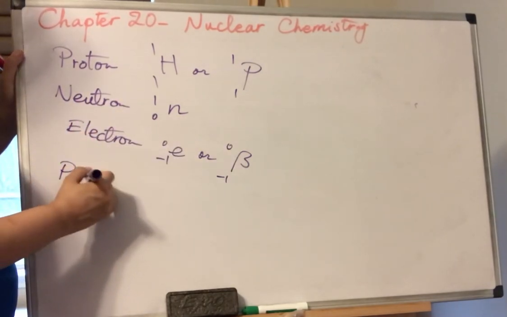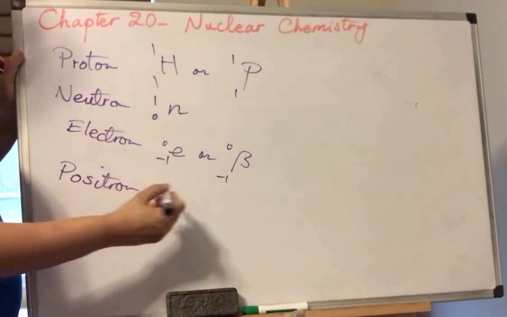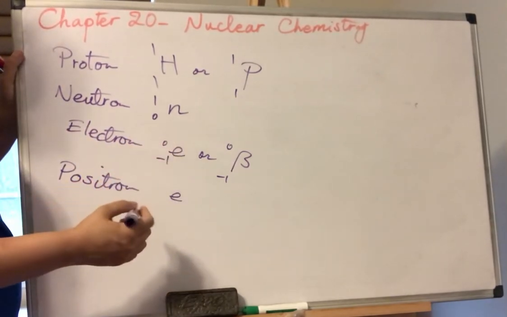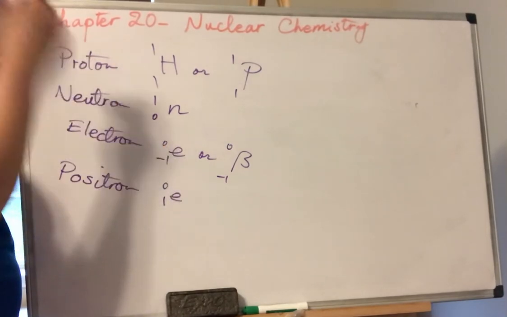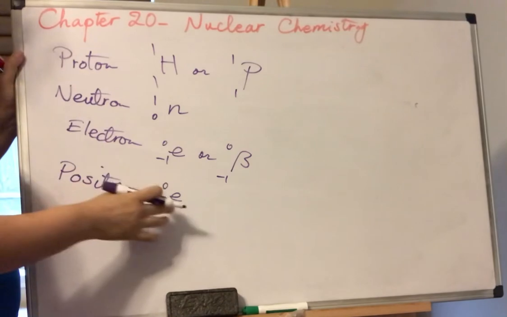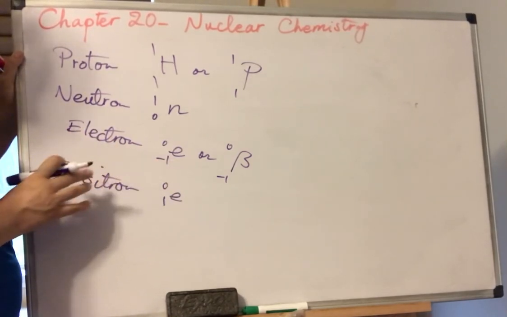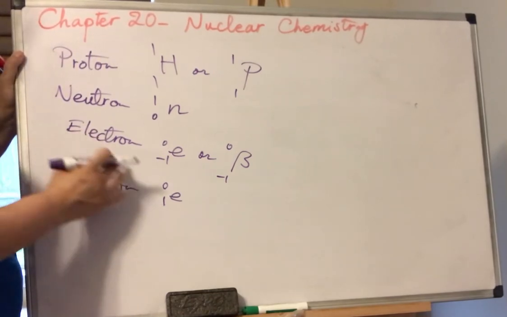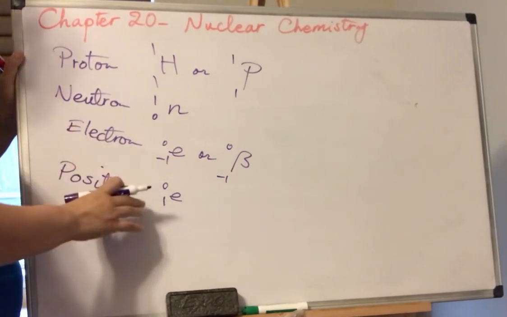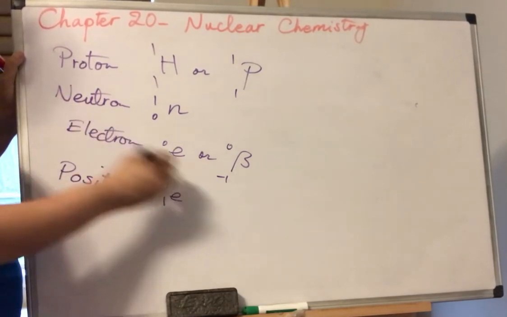Positron. Positrons are the opposite of electrons. It's the same as an electron, but instead of a negative charge, it carries a positive charge. We call it positron, and you can remember it as positive. So it's an electron with a positive charge, so we call it positron with +1.